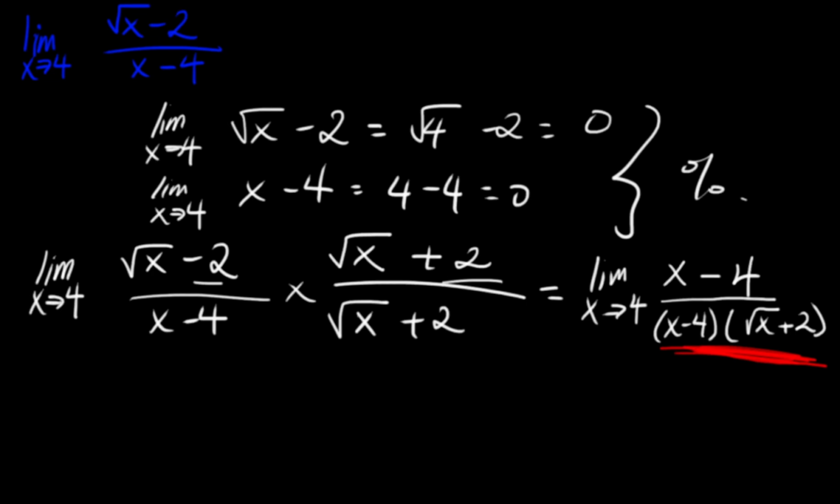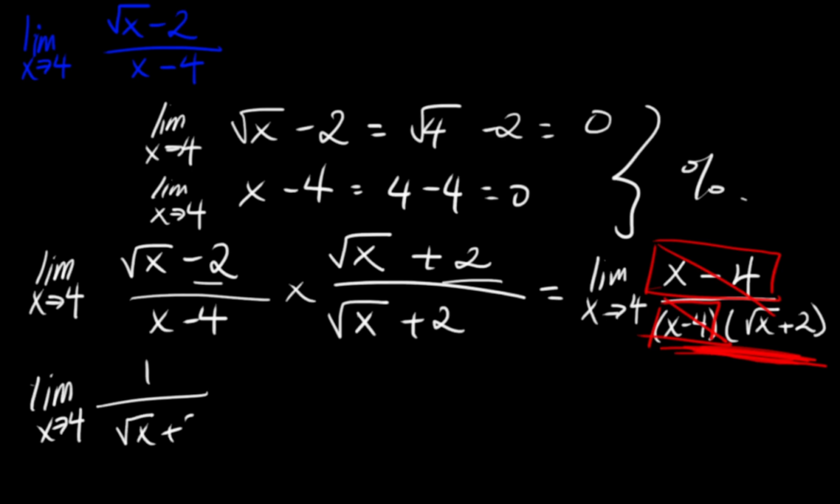We see the x minus 4 on the top, and then we see the x minus 4 on the bottom. So those we can cross out immediately. And you know what that brings us to? The limit as x approaches 4 of 1 over the square root of x plus 2.